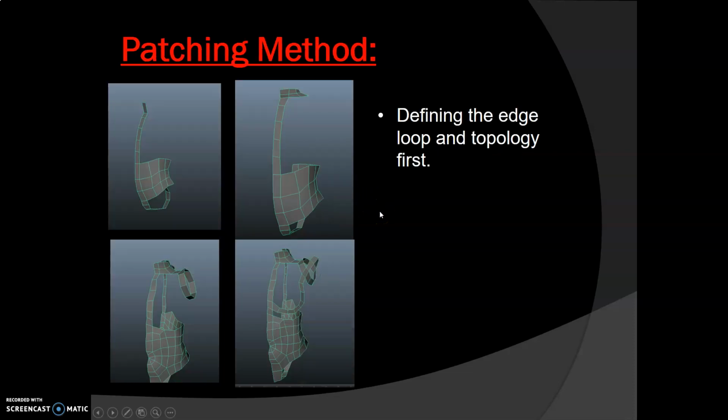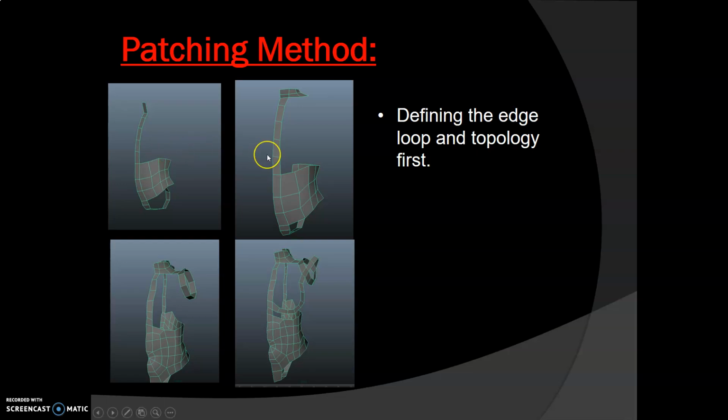I usually use the patching method, which is the second method. For me it's easier to use this method. You start with a plane, just one simple plane, and from there you extrude one by one. So you have more freedom to create the edge flow, and it's easier for me to maintain topology.